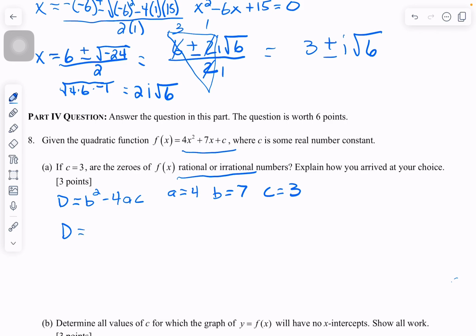So we're going to plug this in, and then we can tell the nature of the roots by what this discriminant is. So we have 7 squared minus 4 times 4 times 3. D is equal to 49 minus 4 times 4 is 16, and 16 times 3 is 48. So D is equal to 1. So that's a perfect square. 1 is a perfect square.